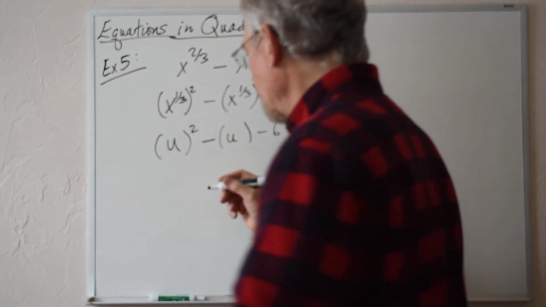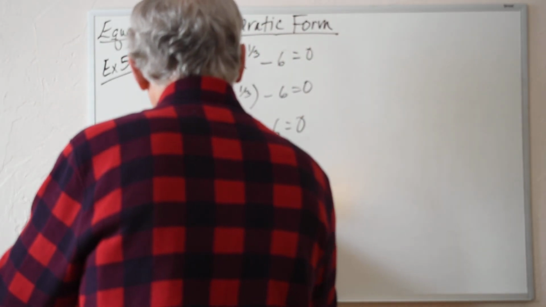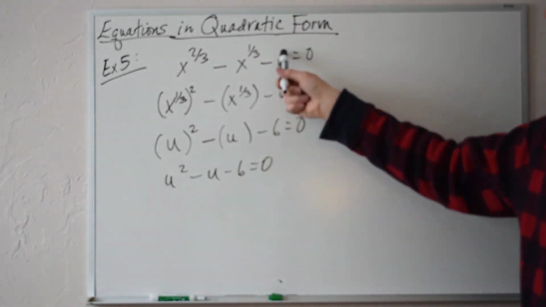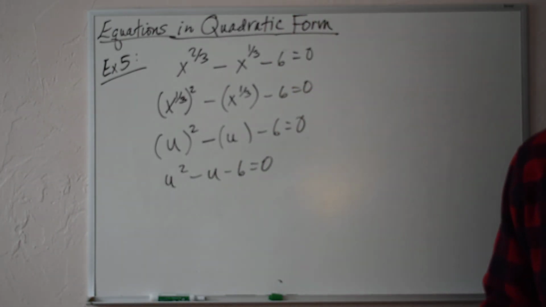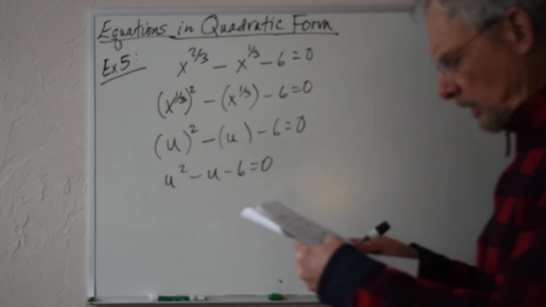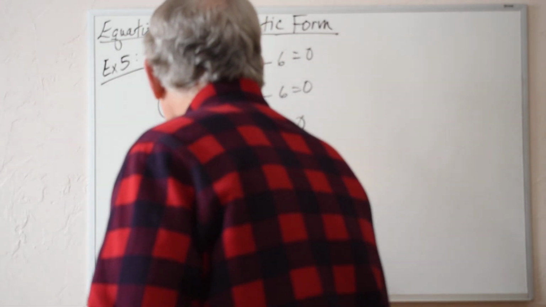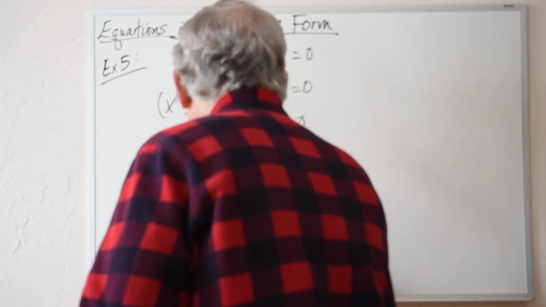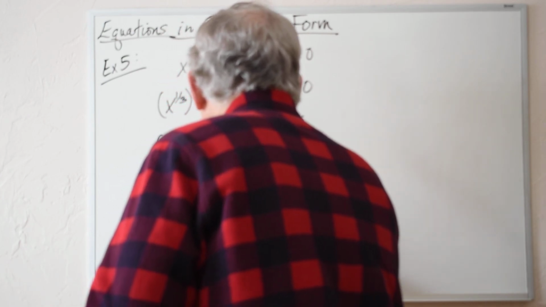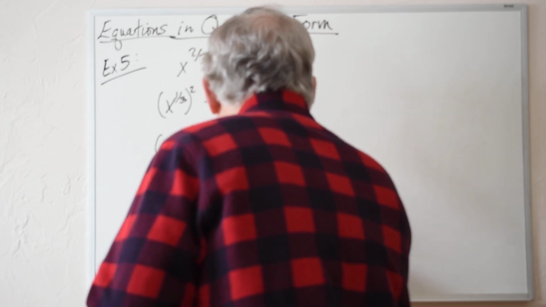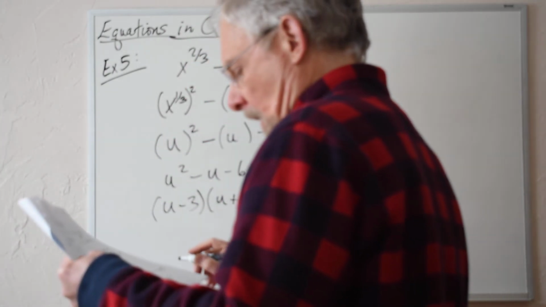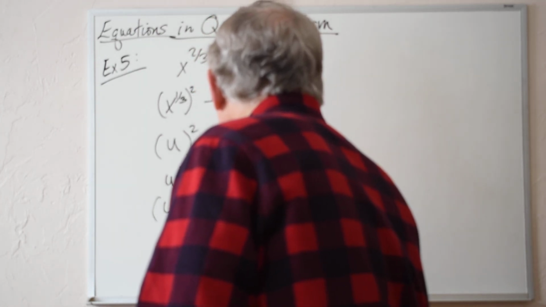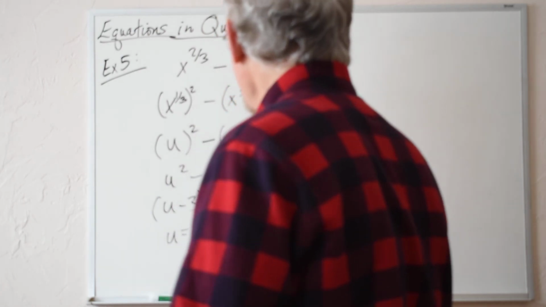It's the same equation, but I've just used a different symbol. If I go through and solve all this, I get u equals 3, u equals -2.